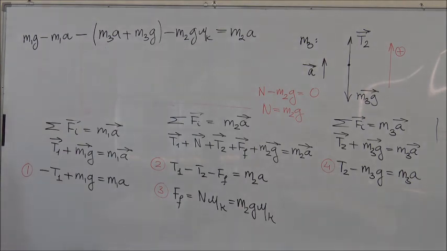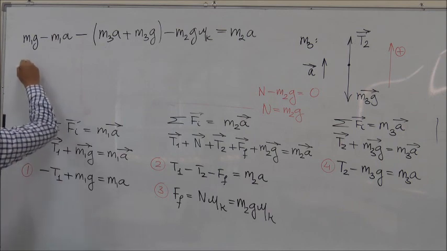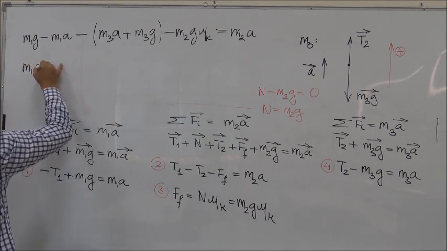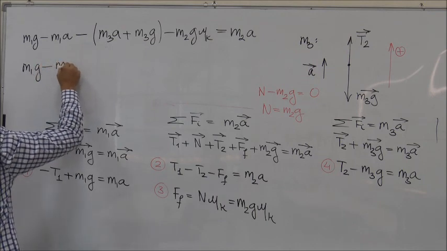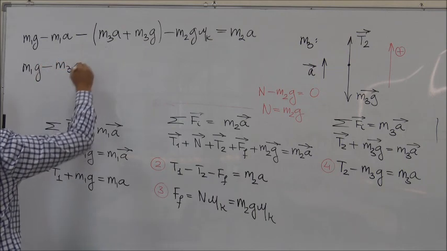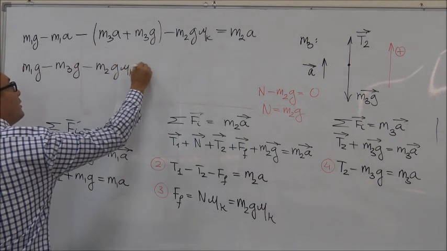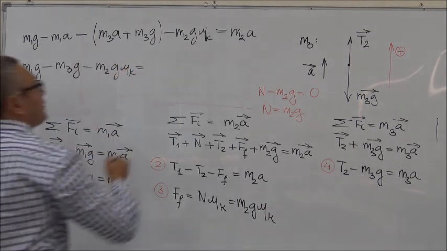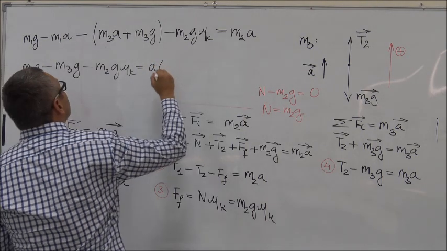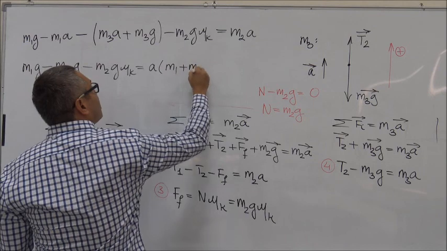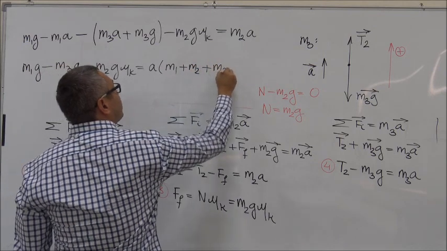So now we need to solve for a. Here I have m1g minus m3g minus m2g mu k, and on the other side I have a times m1 plus m2 plus m3.